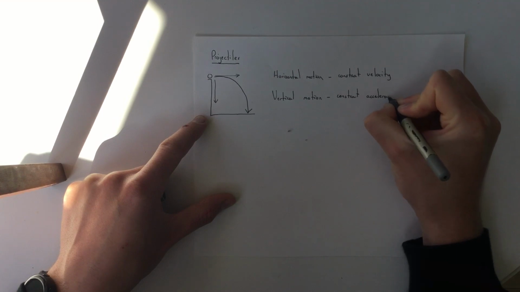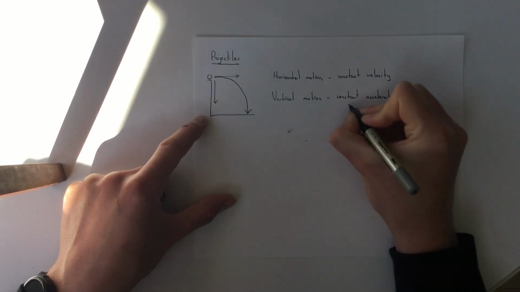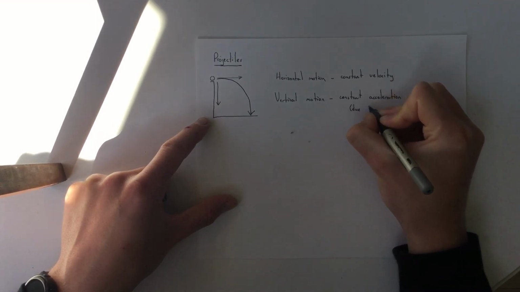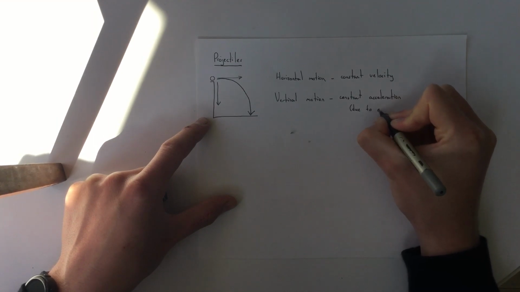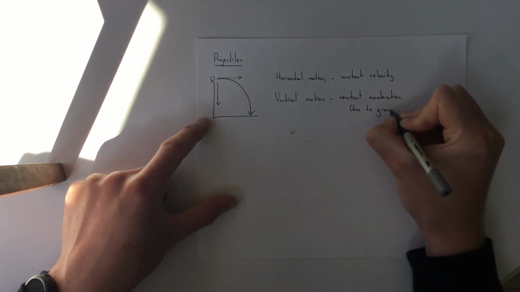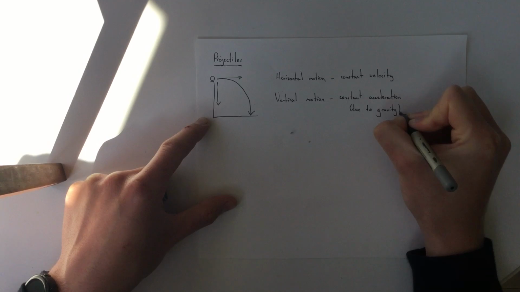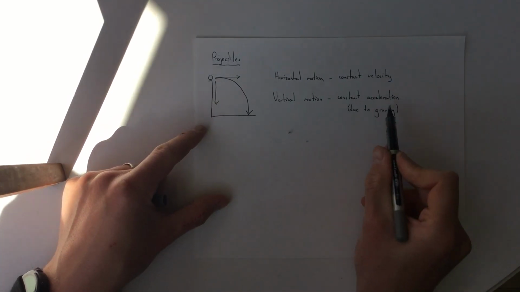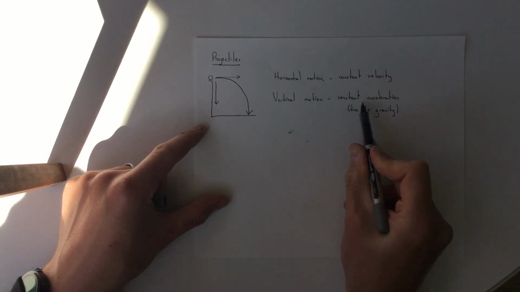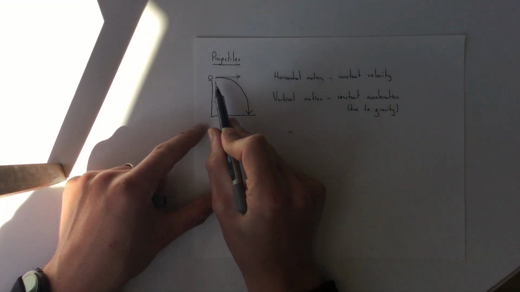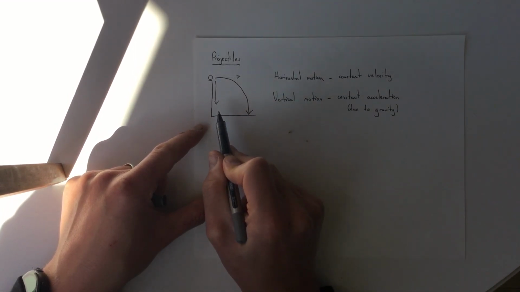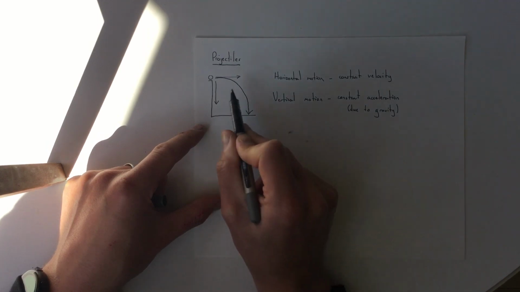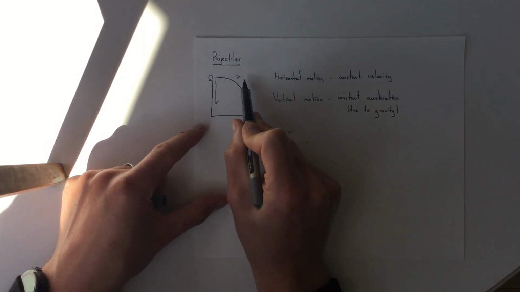That constant acceleration is due to gravity, of course, because when you throw something, the force of gravity is pulling it downwards. Gravity doesn't change, therefore you have a constant acceleration, but its speed does change as it falls in the vertical. But in the horizontal, it stays the same.